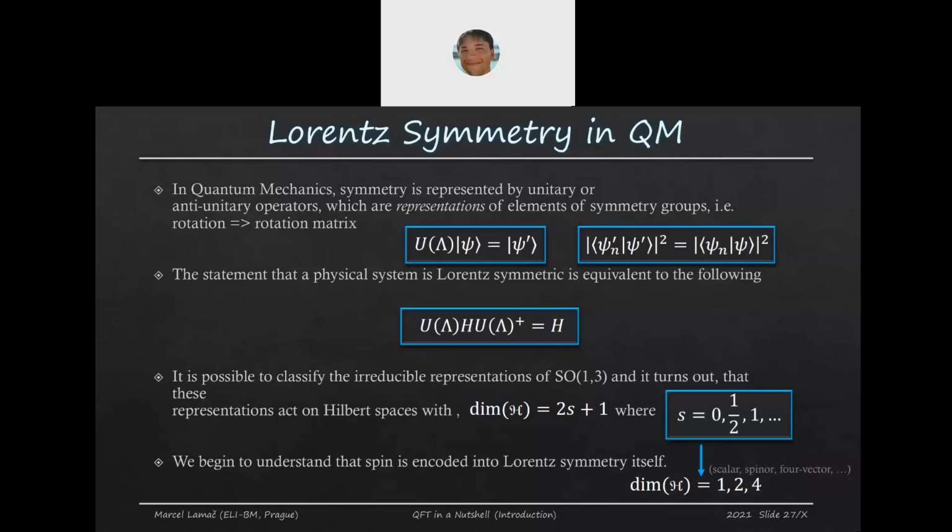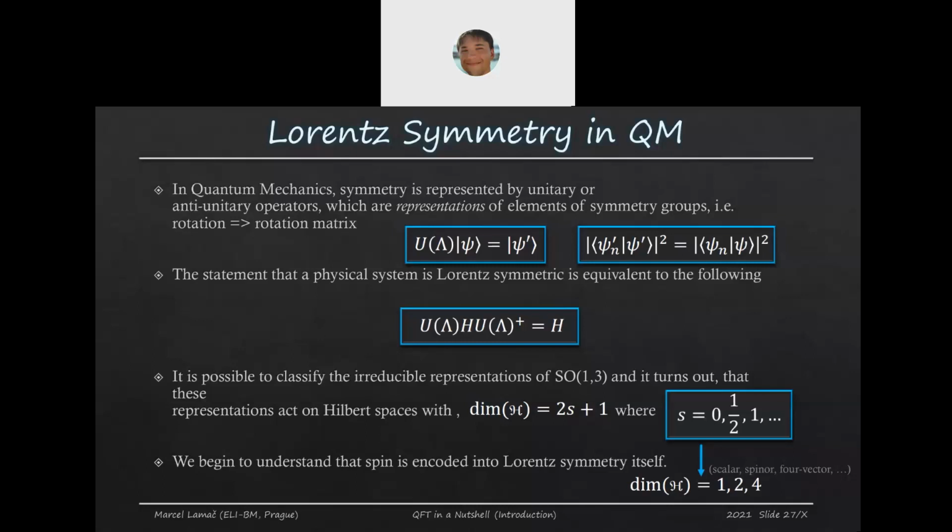They are reducible, so they can be transformed to block diagonal forms, and these blocks are known as the irreducible representations. These representations act on Hilbert spaces whose dimension is dictated by the dimension of the irreducible representations, or the dimension of the matrices.